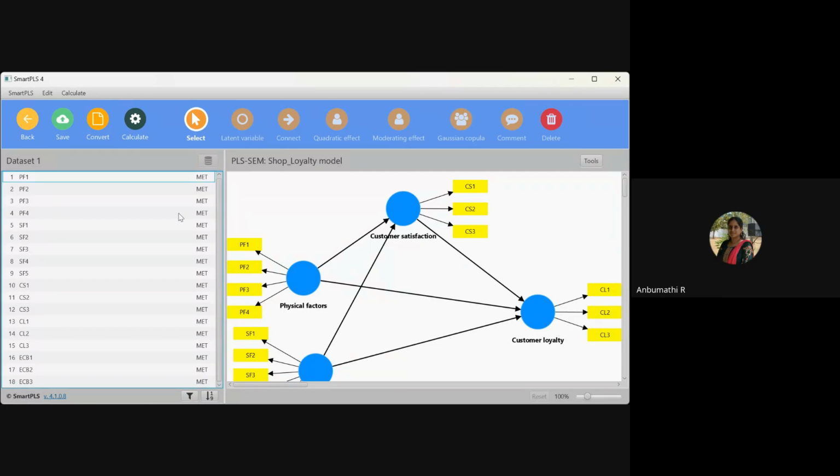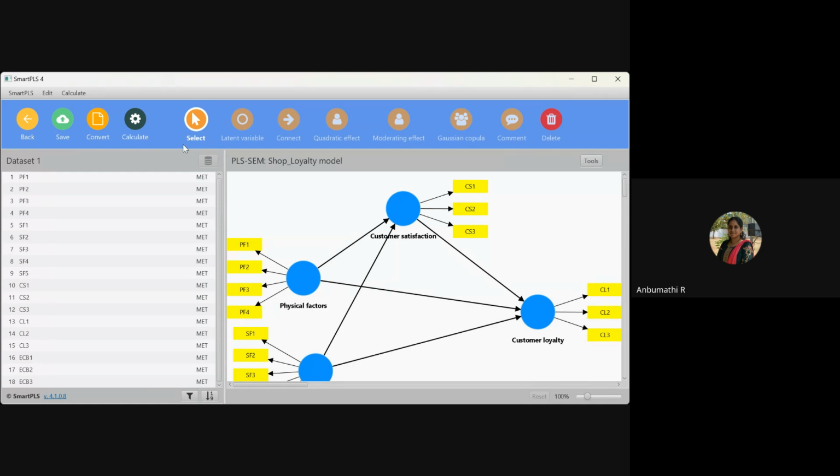Okay, so after doing this, go to Calculate. When you press Calculate, you have many options like PLS algorithm, bootstrapping, confirmatory tetrad analysis, IPMA, importance performance map analysis, PLS predict. So you have many options. Our goal now is to perform the PLS algorithm.